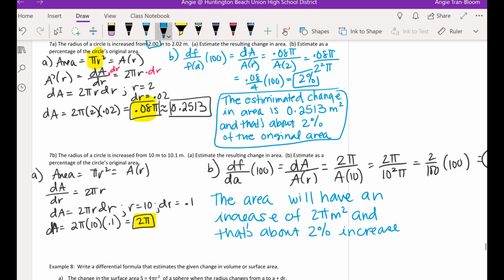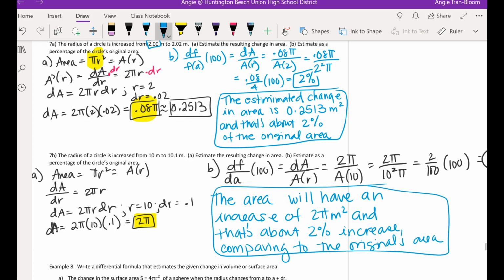So that's about a 2% increase compared to the original area. Okay, original circle area. So there you go. And that's the end of example number 7.